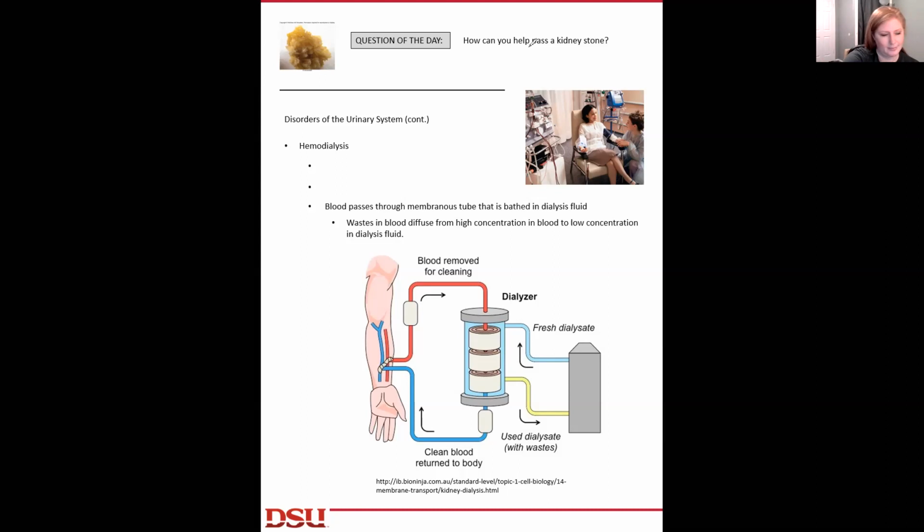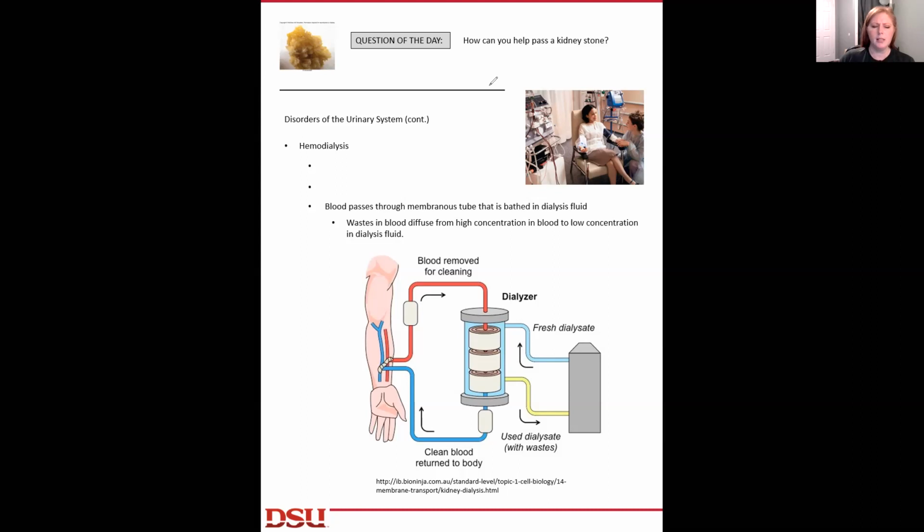Yeah, there you go. Okay, hemodialysis. This is usually just called dialysis, although hemodialysis does describe the type, because there's also, I believe, peritoneal dialysis, and that has to do with the location of where the filtration is happening.